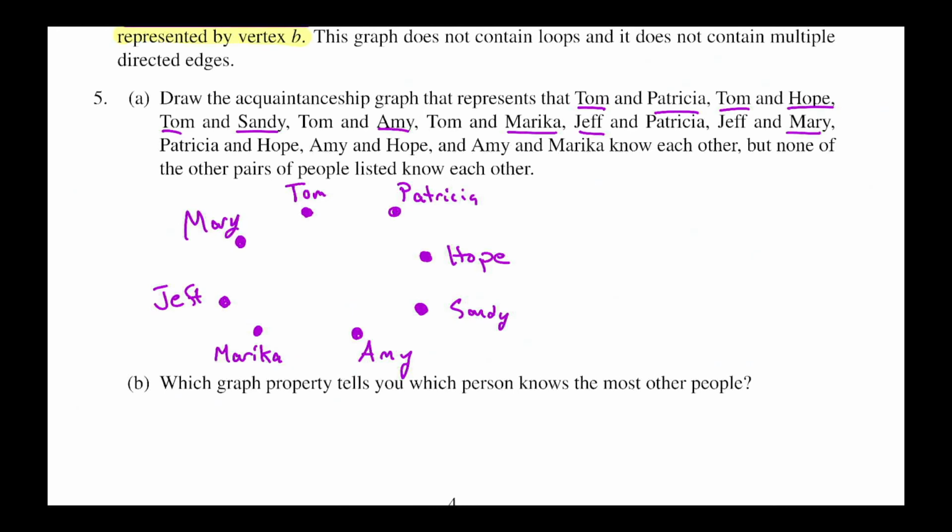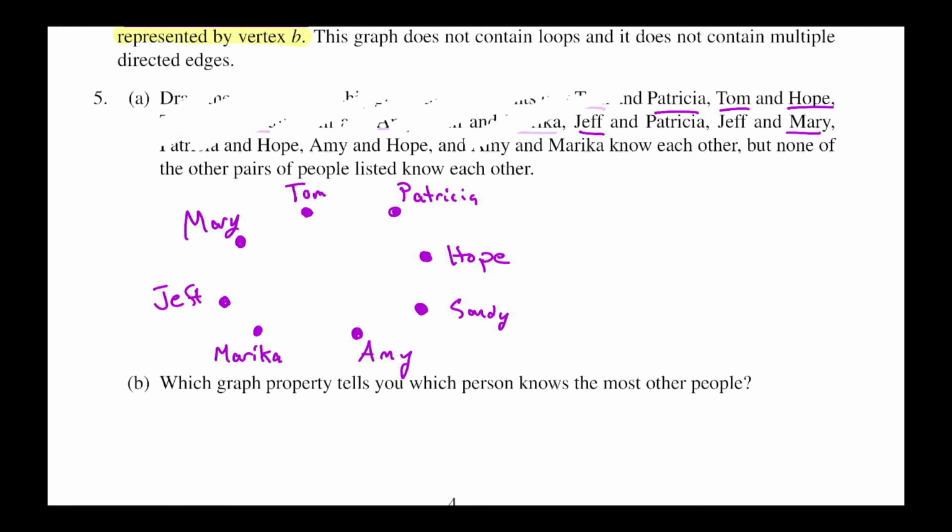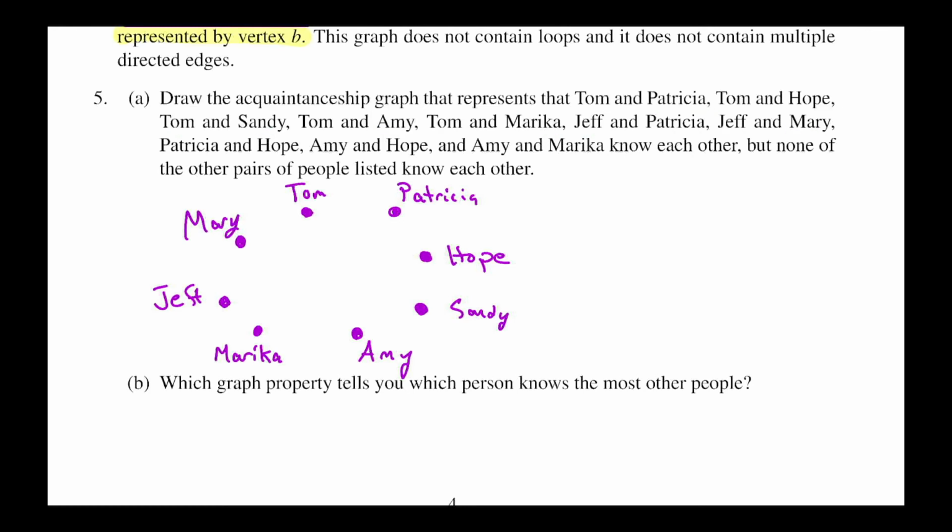Okay. All right. So those are our people, and then we need to start adding edges if they know each other. So just go down the list here. Let's erase these. So Tom and Patricia, boom. Tom and Hope. Tom and Sandy. Tom and Amy.